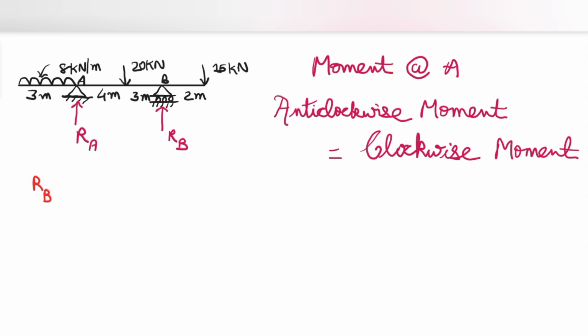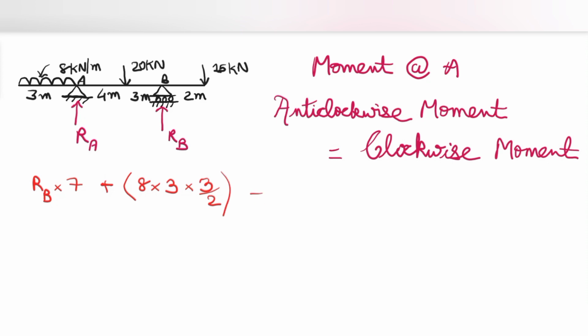It will be RB into perpendicular distance, which is 4 + 3, 7, plus, we know that 8 into 3 we got the point load as 24. We can directly write 24, or you can write it as 8 into 3 into perpendicular distance, which is half of 3, so into 3/2, that is 1.5.